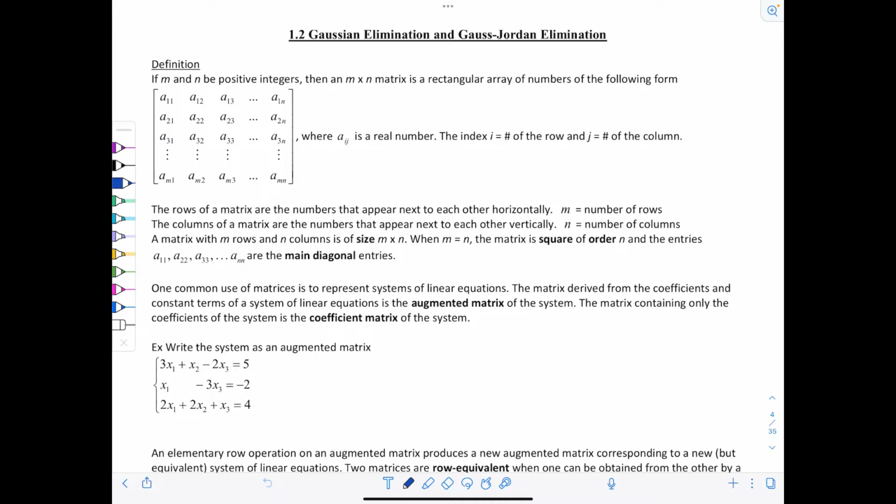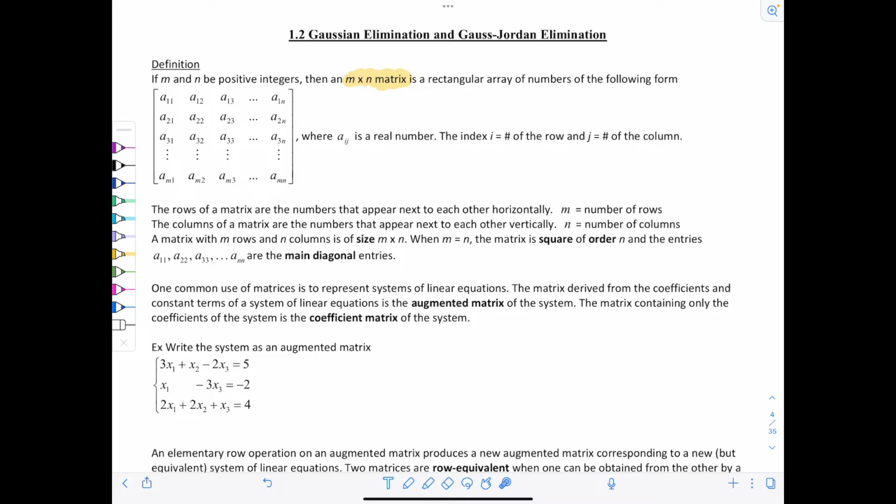Definition: if m and n are positive integers, then an m by n matrix is a rectangular array of numbers of the following form. So here I have an example of a matrix. M by n tells you the size of the matrix.